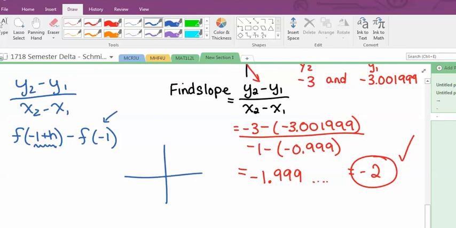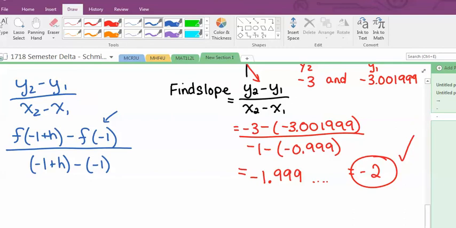So I'm saying in my curve here, finding the point, I can't find the slope with just one point, so I'm picking a value here, and I'm calling the distance in between those points h, instead of picking an actual number. And then we're going to subtract our x values. So our x values are negative 1 plus h minus negative 1.